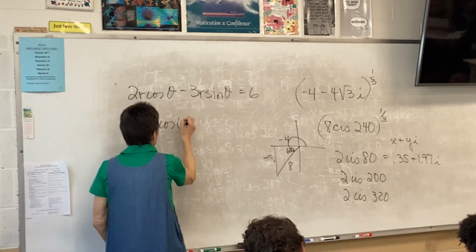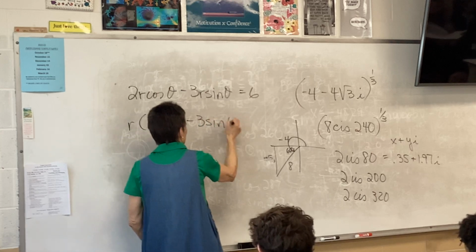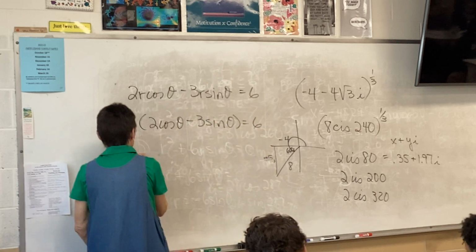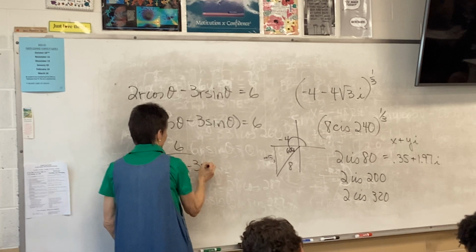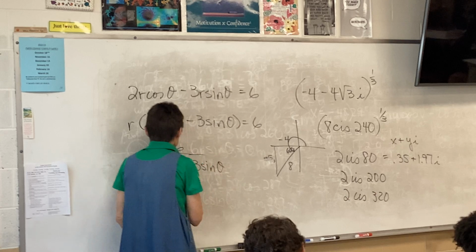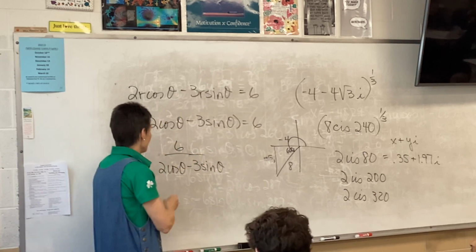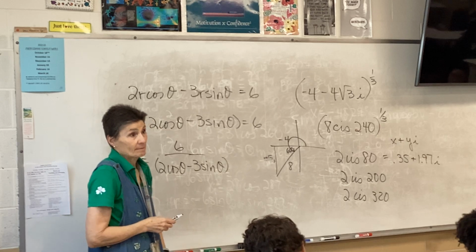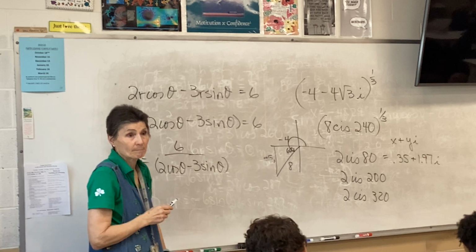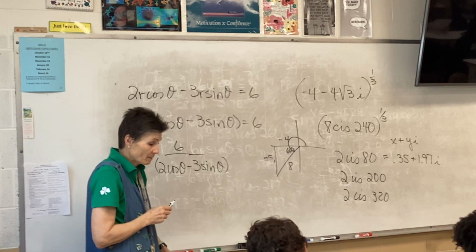So 2 cosine minus 3 sine, and then divide. If you were actually going to type this into your calculator, remember this has to be in parentheses if you're actually going to type it in. Okay, Mary?